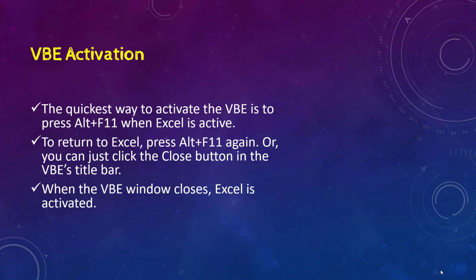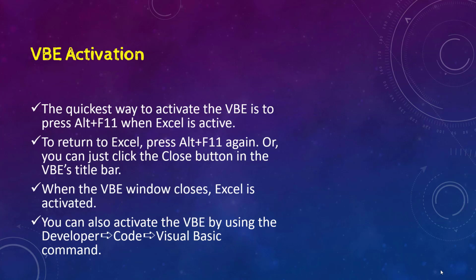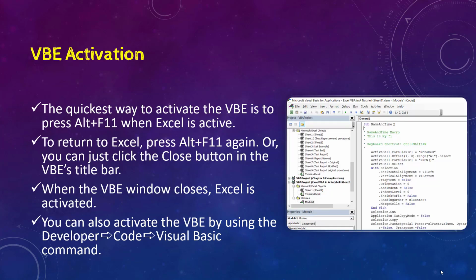You can also activate VBE by using the Developer tab, Visual Basic command. If you don't have a Developer tab at the top of your Excel window, refer to the beginning of last lesson, lesson 2, where I explain how to get the handy Developer tab to show up.